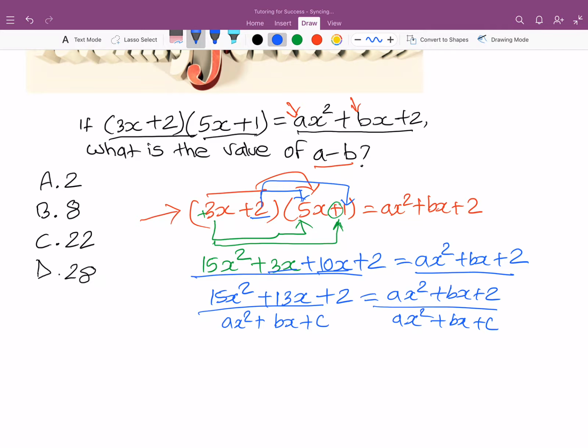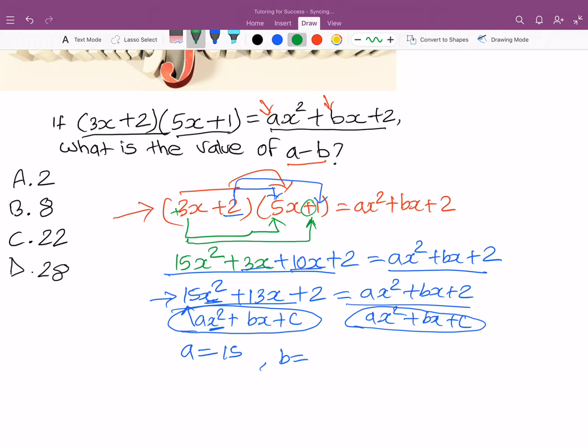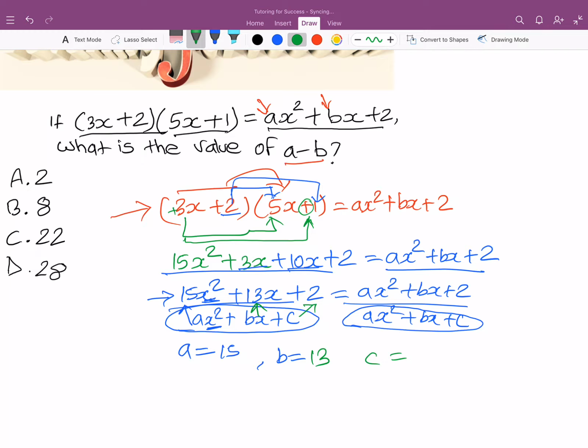So when you compare this equation with this standard second degree equation, you know a is 15 because the coefficient of x squared here is 15, and then b similarly is 13. And c, we don't really need to know what c is, but since this is a practice test, let's do it. c is 2.